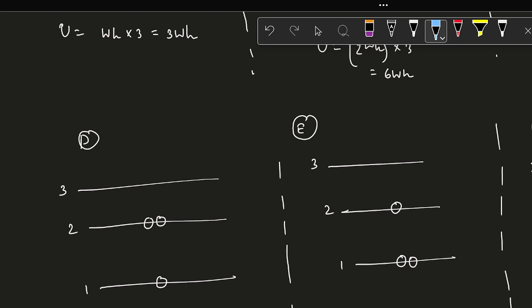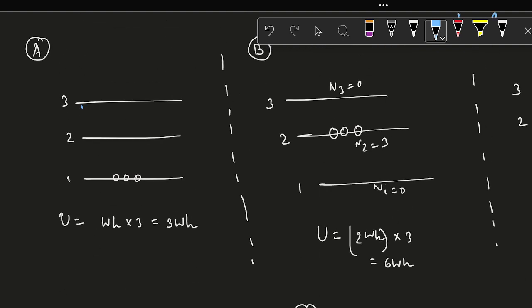This only occurs once. It is when 2 persons are on the third step and 1 person is on the second step. Then only the energy configuration is such that you have total energy of 8 Wh, and this is our configuration number F. Okay, so this was one thing, that you have only one case when this 8 Wh occurs.